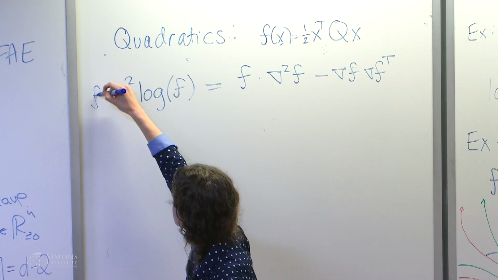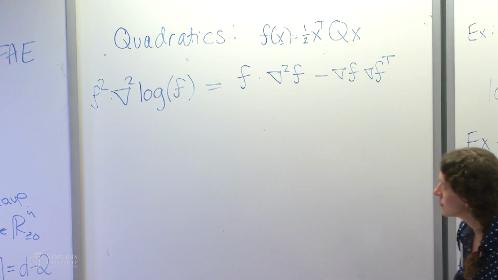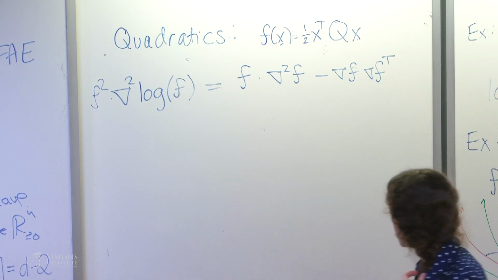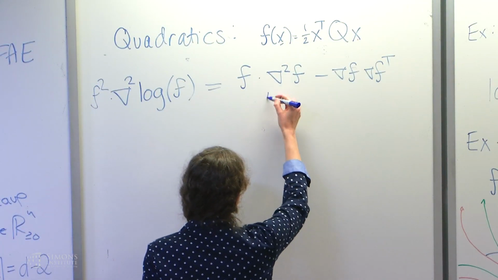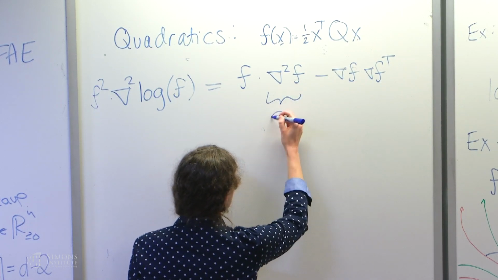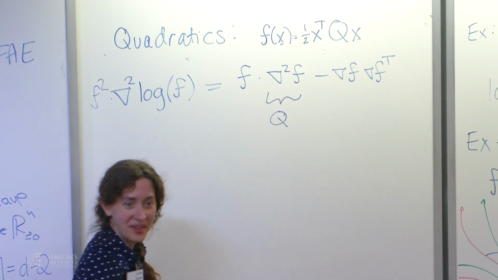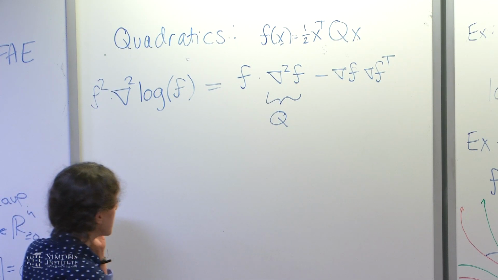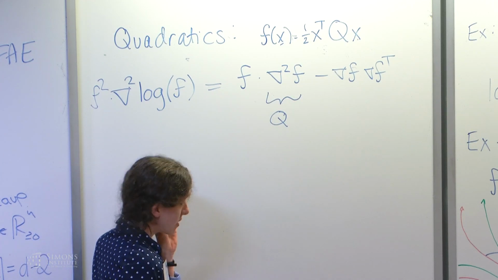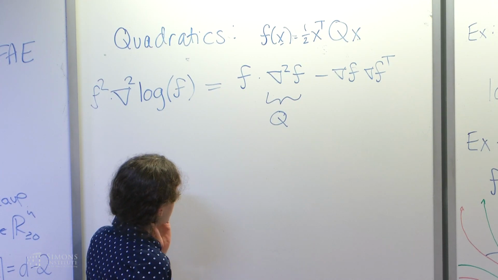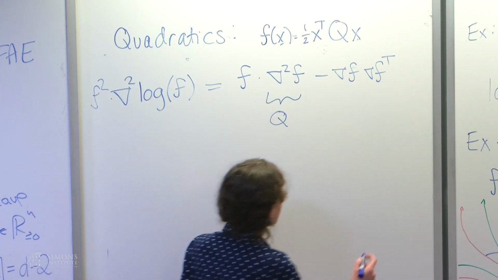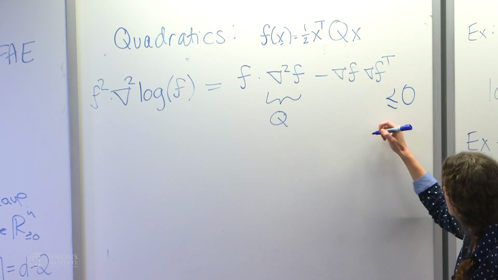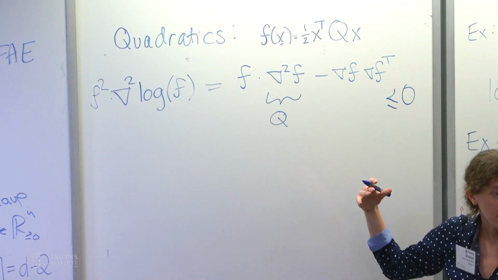Here the Hessian is really Q, the representing matrix of the quadratic polynomial. And this has to be negative semi-definite when we evaluate at any point in the non-negative orthant.